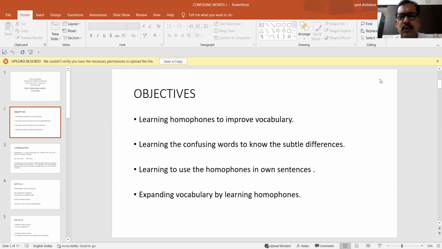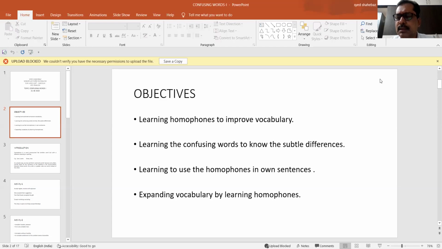Learning to use the homophones in own sentences. The third objective of this lesson is how to use these confusing words or homophones in one's own sentences. The first thing is the students have to learn the meanings of these homophones.